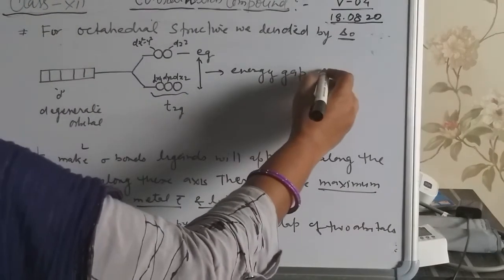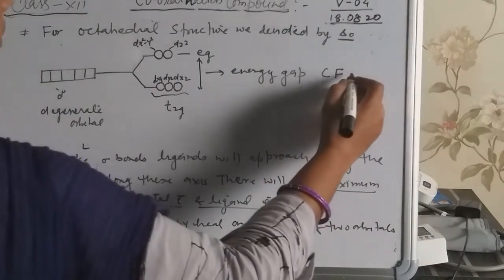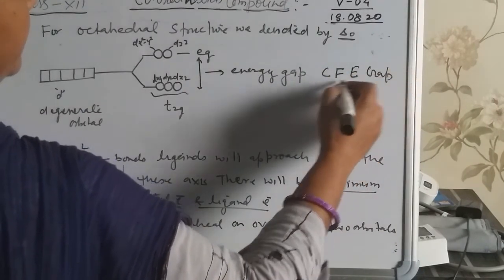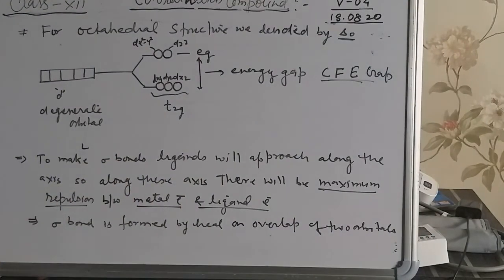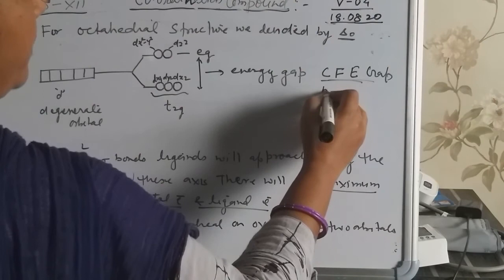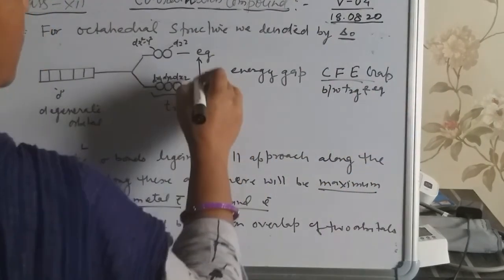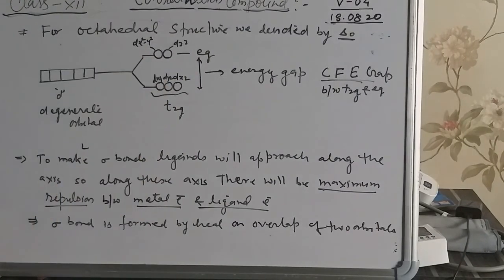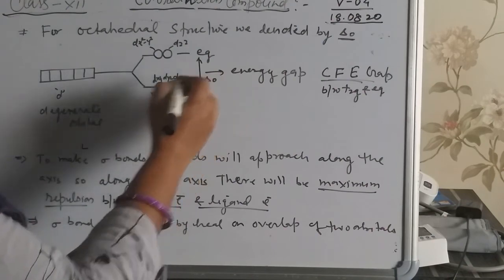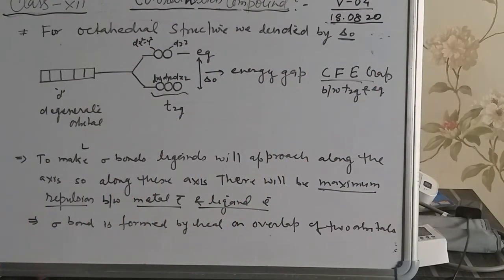It is called the crystal field energy gap, the crystal splitting energy between T2g and Eg. It is represented by delta naught. The crystal splitting energy gap is denoted by delta naught.